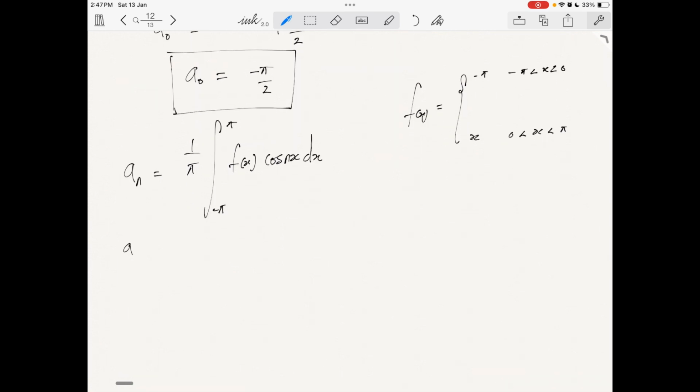Since it is a discontinuous function, we can split it further to give minus pi to 0 plus 0 to pi.